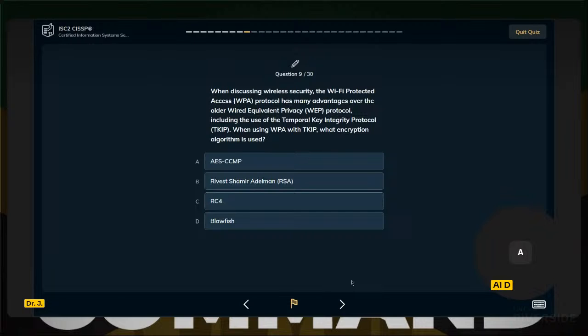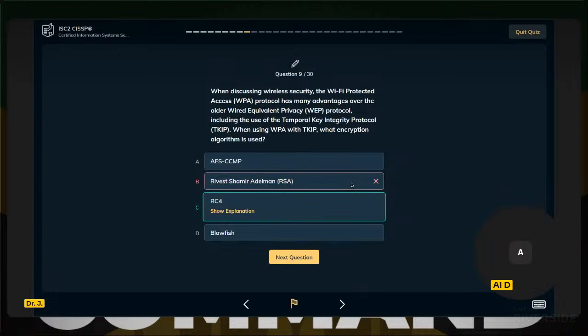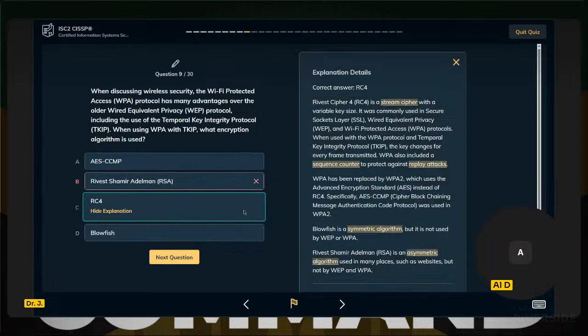So eliminating Delta. I can't remember what the last part of the CCMP is. What is CCMP? I'm gonna go with Bravo. It's RC4.